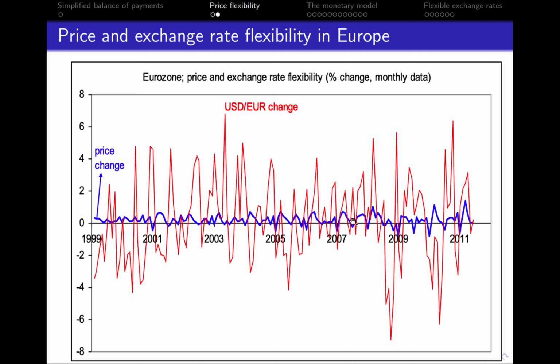And this is nothing that should come as a surprise. We already showed how volatile exchange rates can be, but you would expect that it takes time for companies to change prices. You've discussed this in macroeconomics: you've got menu costs, you need to print new prices.